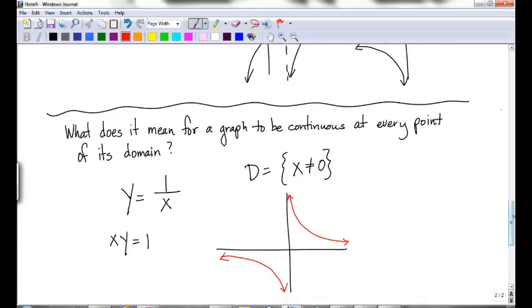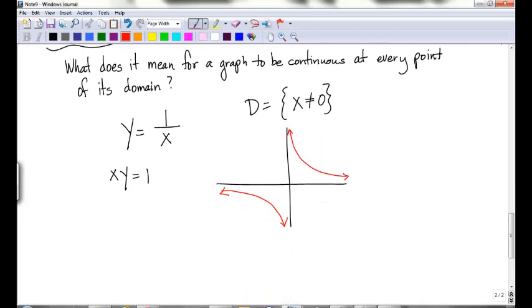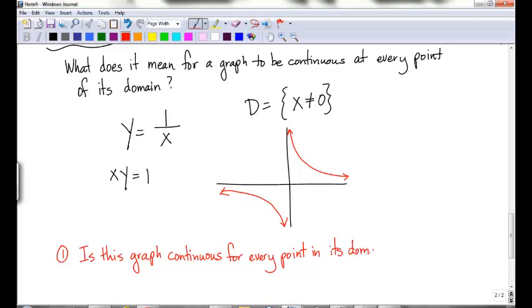Now, they're going to ask two different questions. First: is this graph continuous for every point in its domain? I would ask first, where is this graph discontinuous?